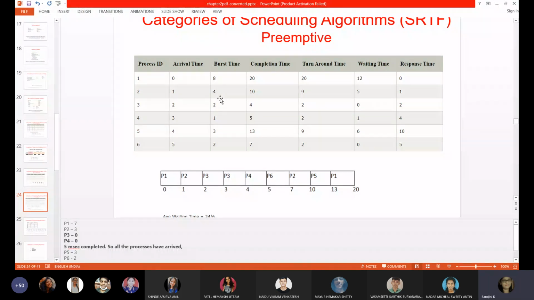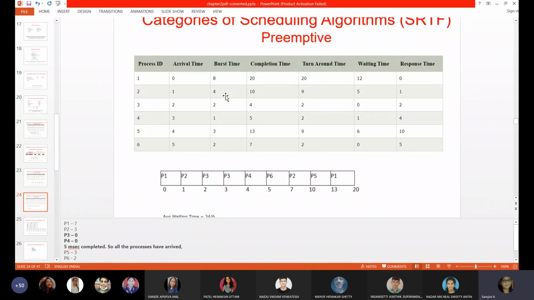What is the algorithm? Shortest remaining time first, and also preemptive, allowed to take out a process at any point of time if a high priority job comes. Here, what is high priority? Because the algorithm is shortest job, shortest remaining time, that means the algorithm works based on the burst time only. So at 1 millisecond, there are 2 processes. One has 7 as CPU burst time, another has 4.